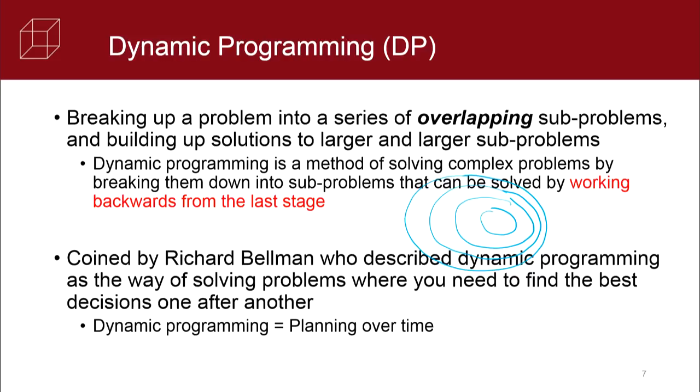So dynamic programming is a method of solving a complex problem by breaking it into subproblems that can be solved by working backward from the last stage. The last stage problem normally has the smallest subproblem. So in this case, suppose that the original problem is expressed as this kind of nesting structure.